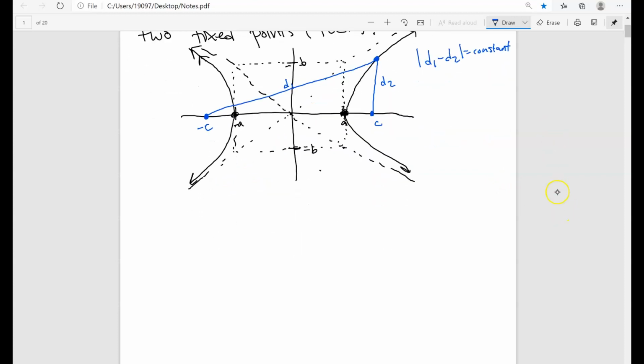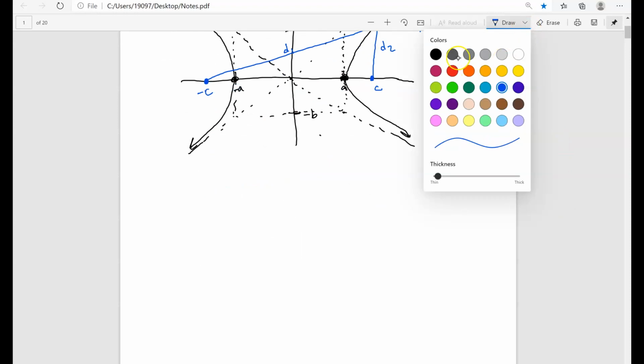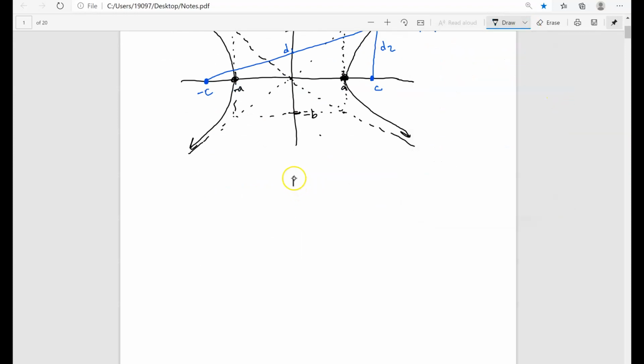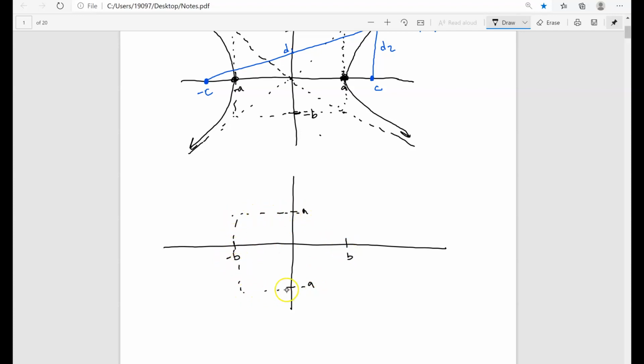You also have another type of hyperbola, and that type of hyperbola is now going vertically. So if you think about this as now going to be your A, negative A, and then B, negative B, then you definitely have these asymptotes.